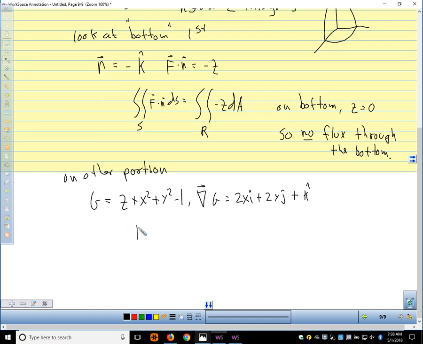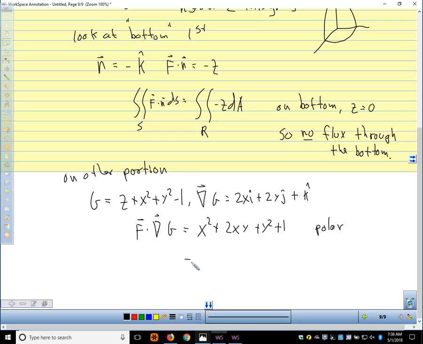F dot del g looks kind of ugly at first, but it's not too bad. F dot del g ends up being x squared plus 2xy plus y squared plus 1. And then we're going to convert this into polar coordinates.